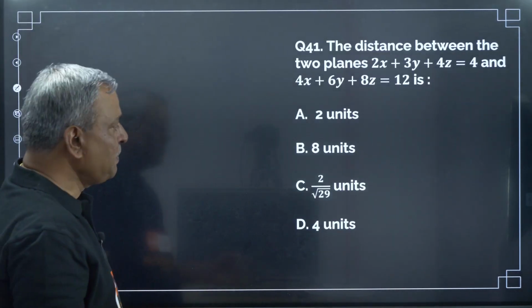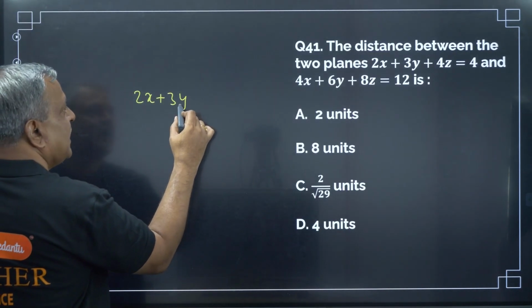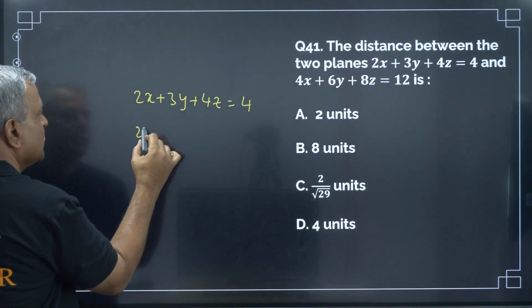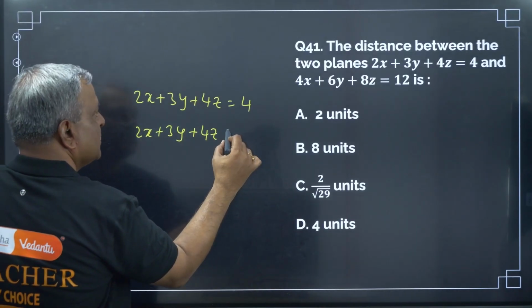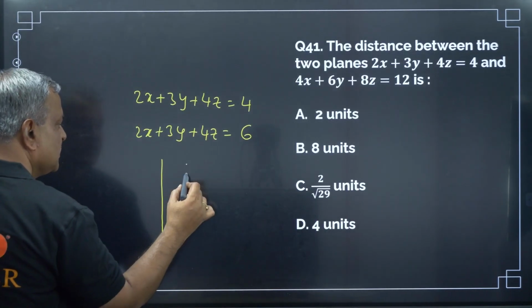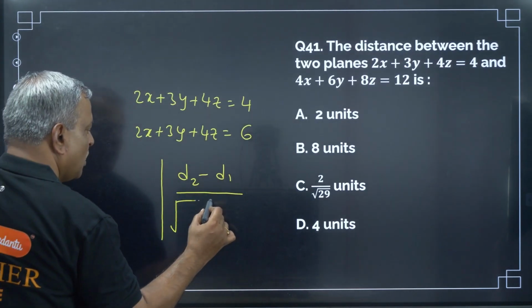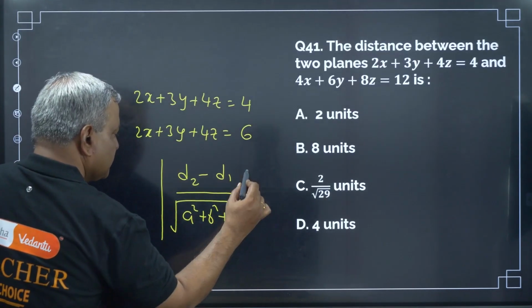Distance between two parallel planes. This is 2x plus 3y plus 4z is equal to 4. 2x plus 3y plus 4z is equal to 6. So the formula is d2 minus d1 by under root of a square plus b square plus c square.